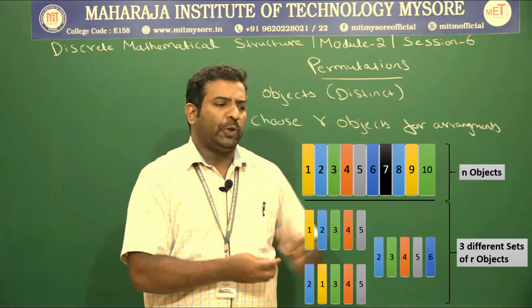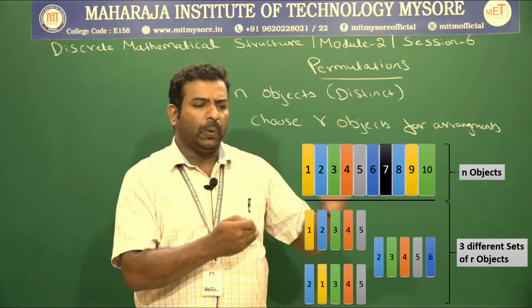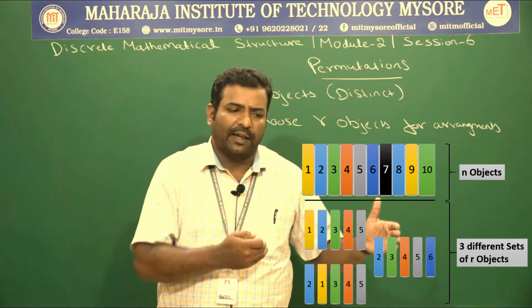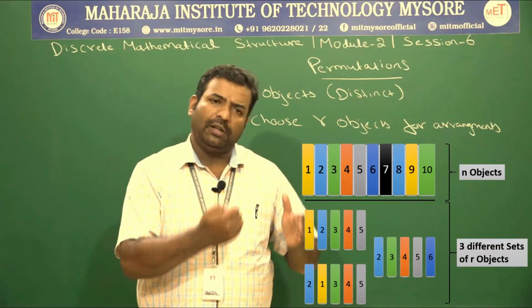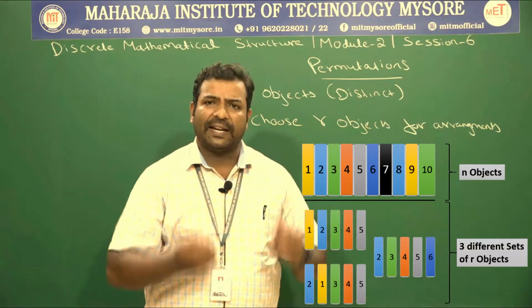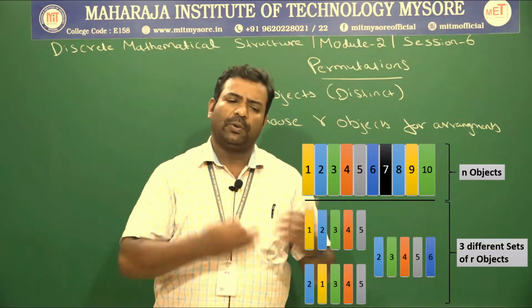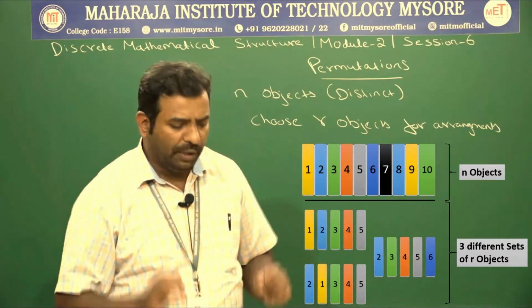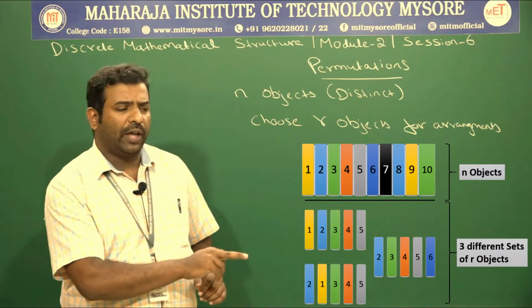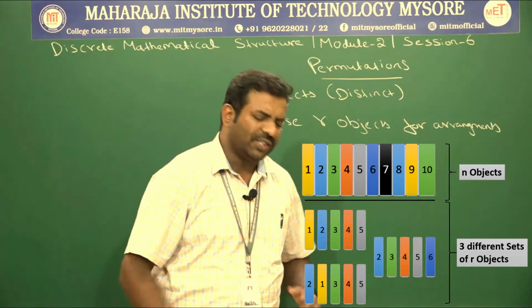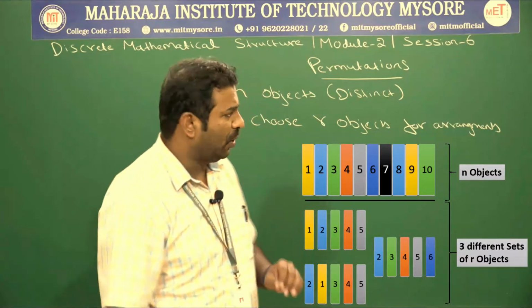I pick book 1, book 2, book 3, book 4, book 5: one arrangement. Book 2, book 1, 3, 4, 5: the second arrangement. So on, you can put them into any sort of combination. Right now when I say combination, again, don't go into the actual concept of combination. This is just a general word I am using.